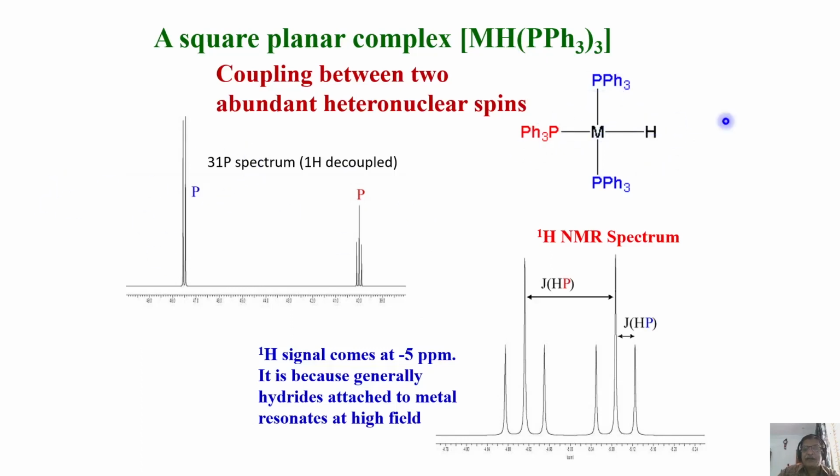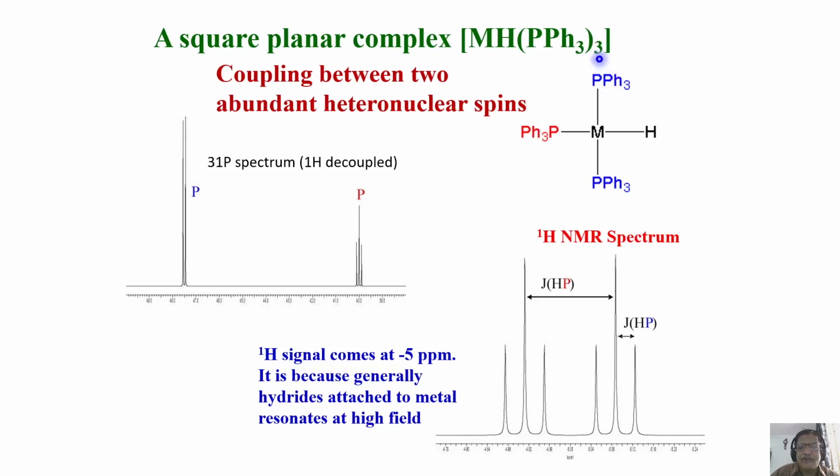Let us look at the 31P spectrum of this molecule, a complex. How many types of phosphorus are there here? This is one phosphorus, this is one phosphorus, and this is another type of phosphorus. Because there is a perfect symmetry along this axis, it's square planar.